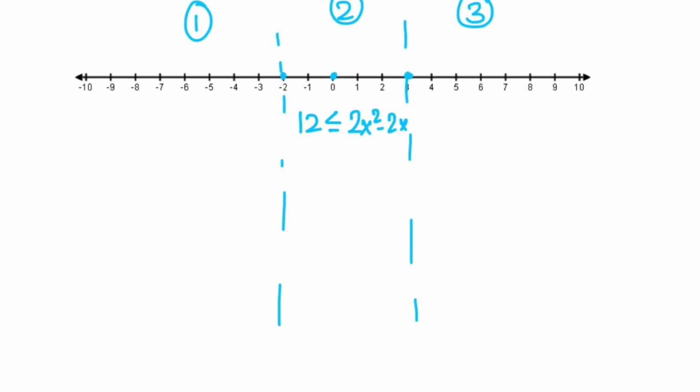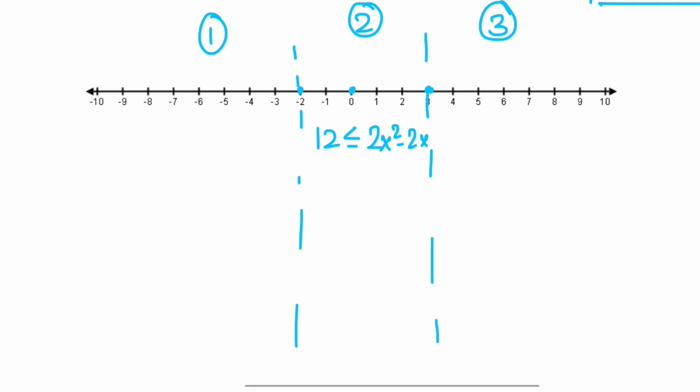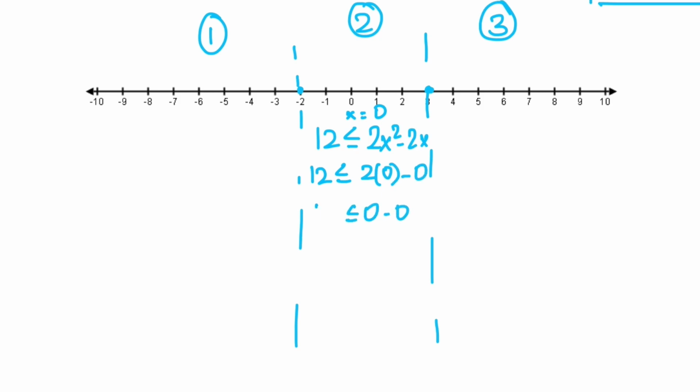So x in this case is 0, that's the point I'm taking. There is no y. 12 is less than equal to 2 times 0 is just 0, minus 2 times 0 is 0 again. So I have 12 is less than equal to 0. Is 12 less than equal to 0? No, it's not. So this is not part of the solution.